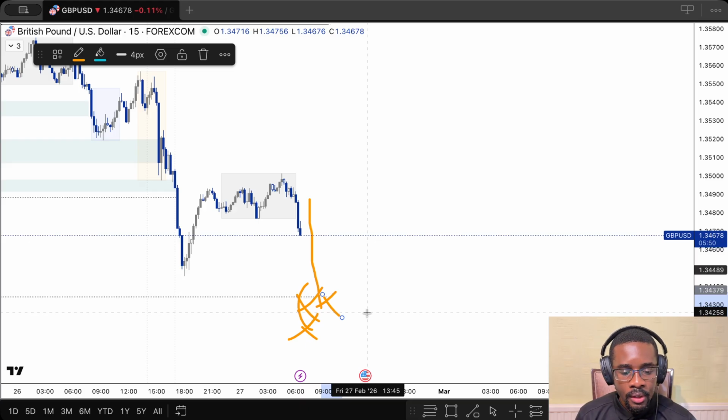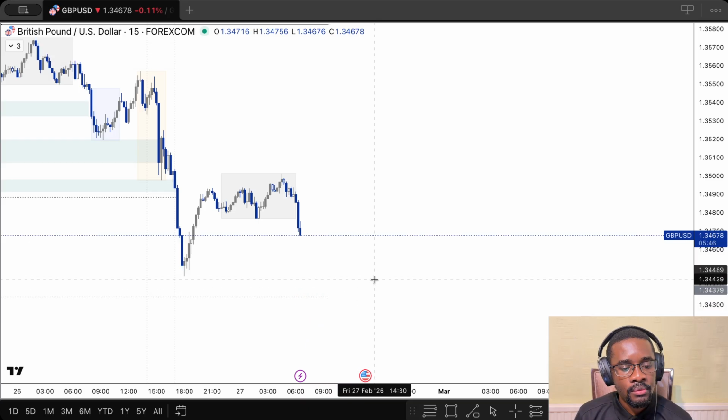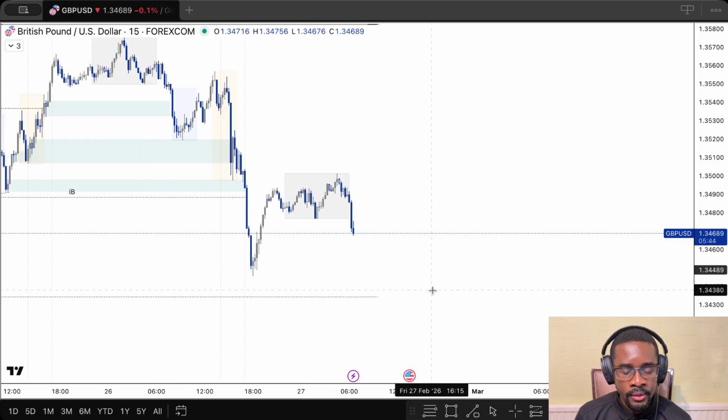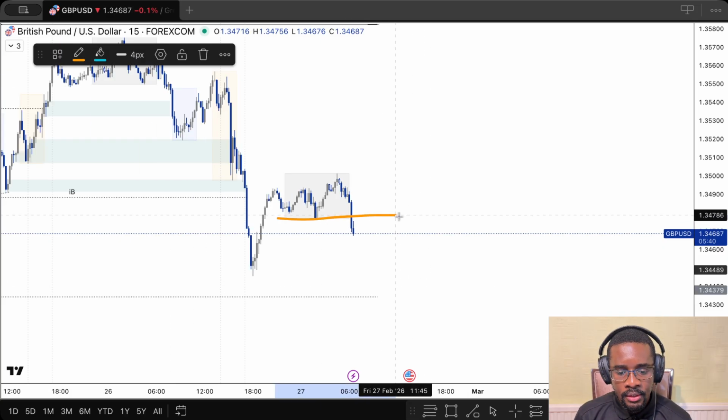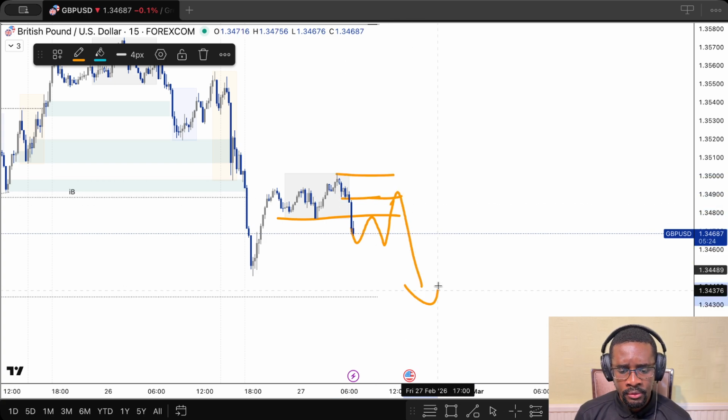The way I'm looking at it, nothing is clear in terms of looking for shorts, unless price comes down, takes this area, pushes down and then comes back, and then look to continue.